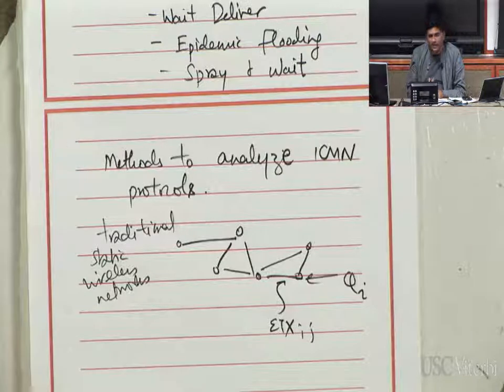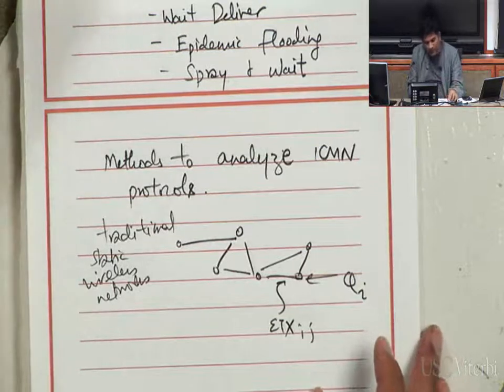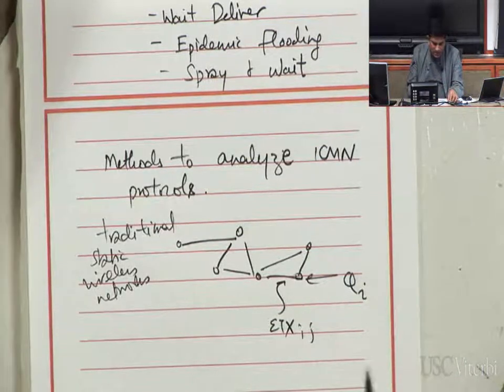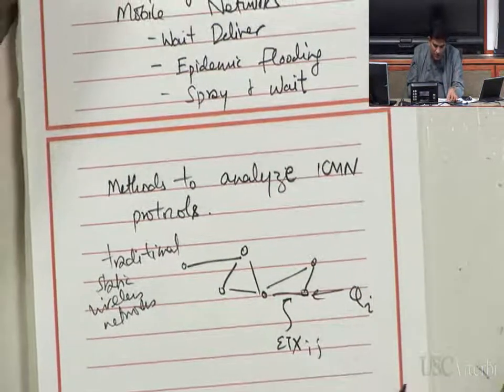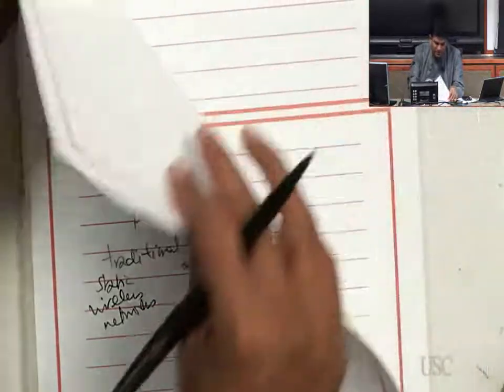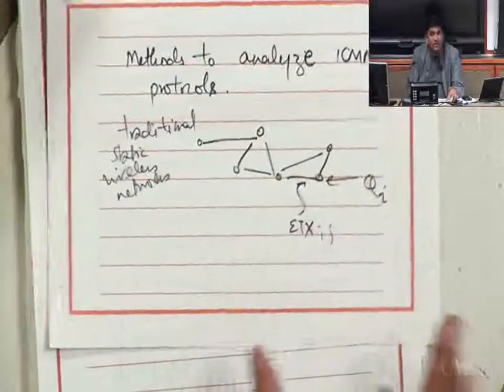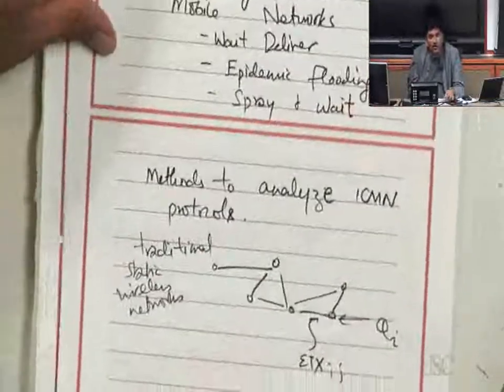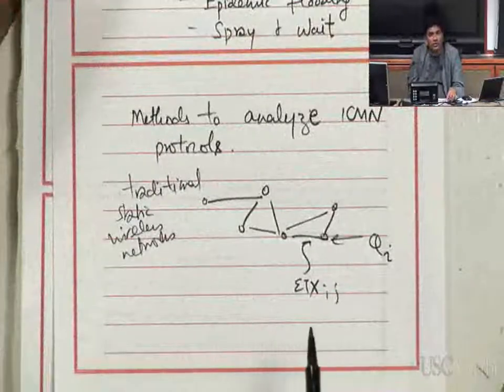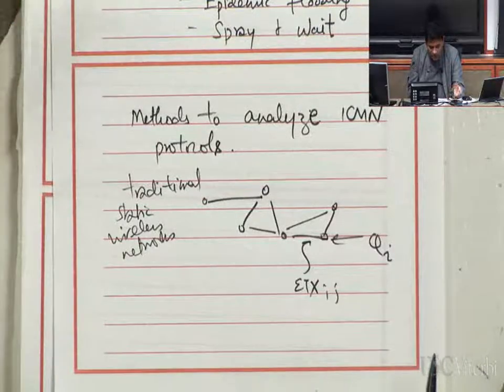And when you get to mobile networks, already the graph itself might be changing over time, but in some mobile networks, even if the graphs are changing over time, you always have a connected path. The graph might still be meaningful because maybe it doesn't change for some period of time and you're looking at the shortest path through this network in terms of ETX or whatever metric you care about.